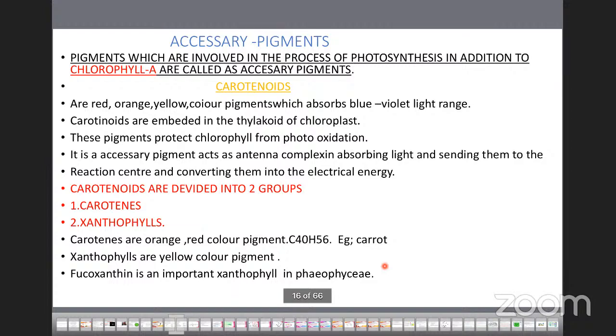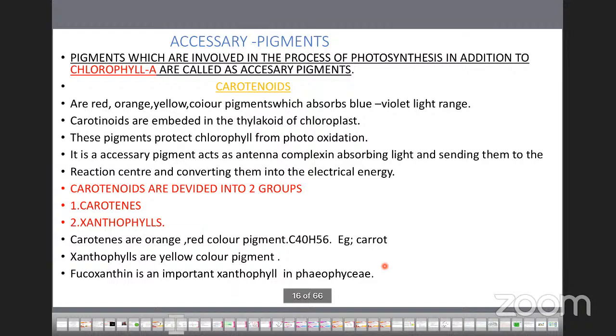Carotenoids are of two types: carotenes and xanthophylls. Carotenes are usually red or orange in color, and parts containing carotenes appear red or orange. An example is carrot, and the molecular formula is C40H56.